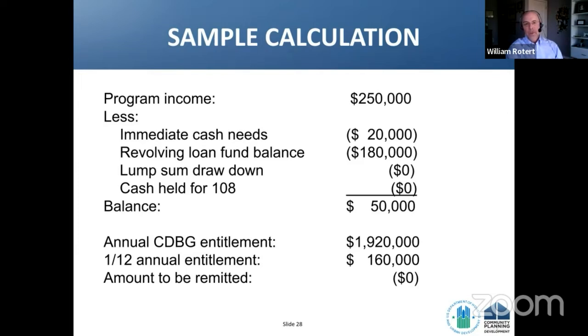So that leaves you really with a program income balance of only $50,000. Your most recent annual entitlement grant was $1.9 million. 1/12 of that is $160,000. So in that case, you have not exceeded the 1/12 requirement, so you do not have to remit those funds to HUD. Next slide.